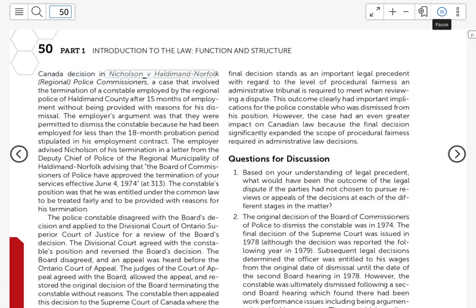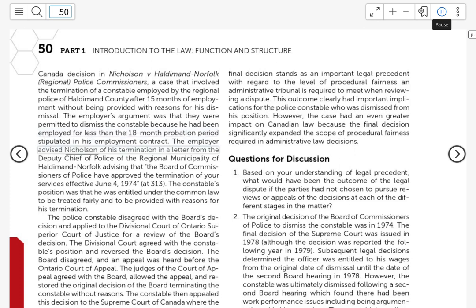Canada decision in Nicholson versus Haldimand Norfolk Regional Police Commissioners, a case that involved the termination of a constable employed by the Regional Police of Haldimand County after 15 months of employment without being provided with reasons for his dismissal. The employer's argument was that they were permitted to dismiss the constable because he had been employed for less than the 18-month probation period stipulated in his employment contract.